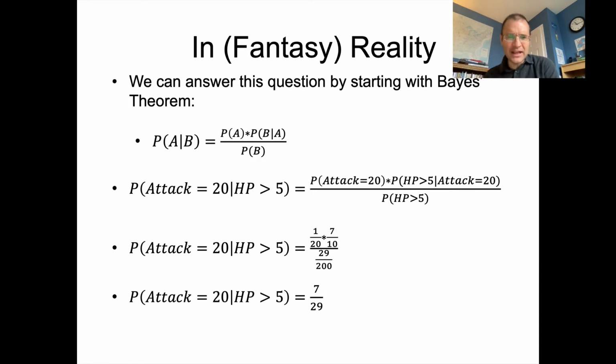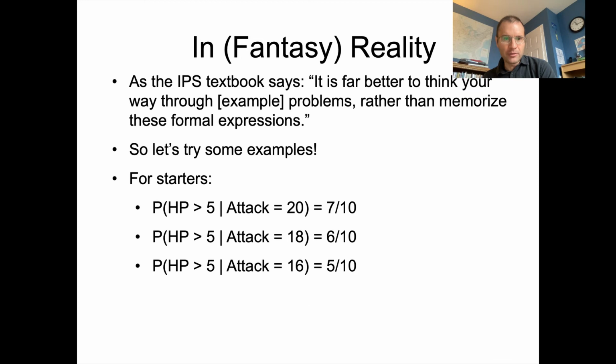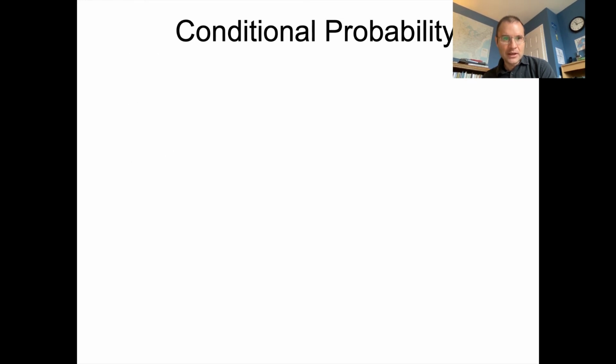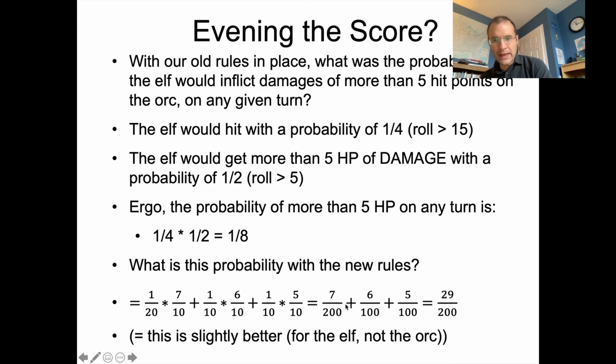And this is a convenient scenario to use to see how this works. If I go back to our initial calculations before we met Thomas Bayes, we have 7 out of 200 plus 6 out of 100 plus 5 out of 100.